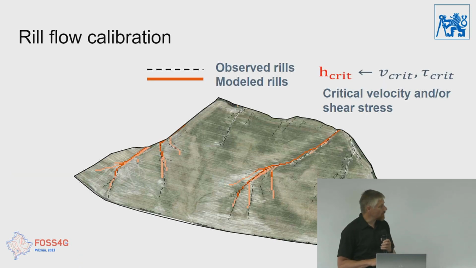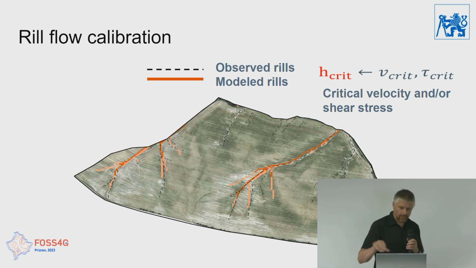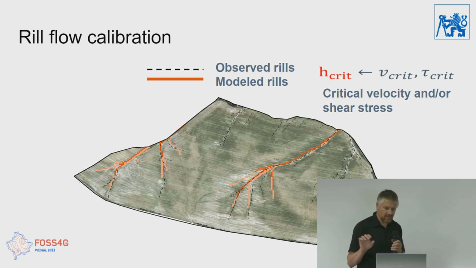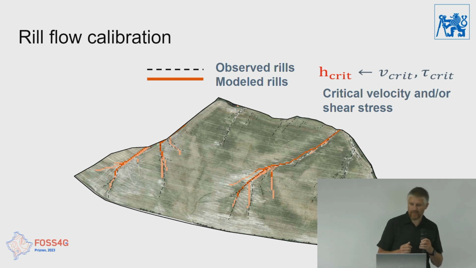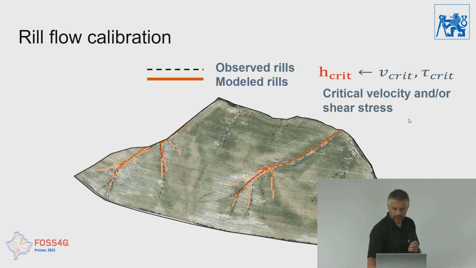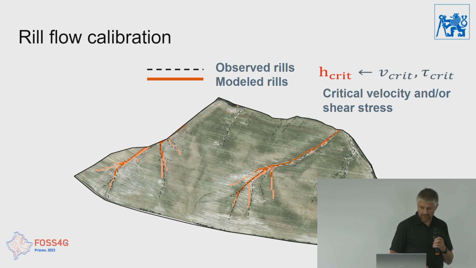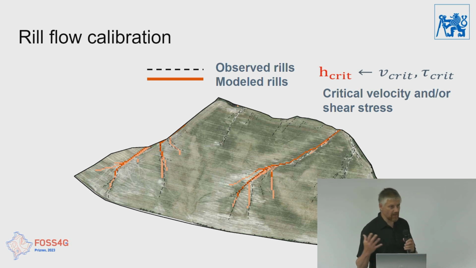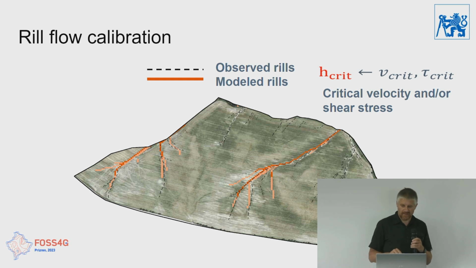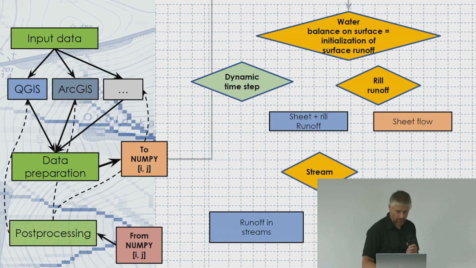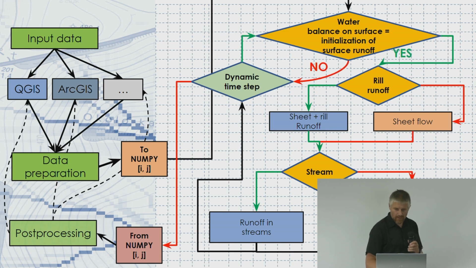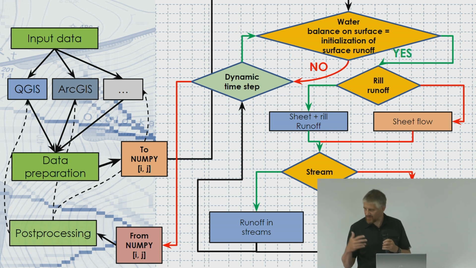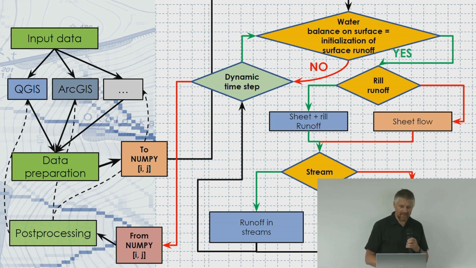We also calibrate the runoff in the same place where we detect the rills, and we fit the critical value of velocity or shear stress that produces the rills. With this, we can build the model on this small scale. And here you can see how the model works.